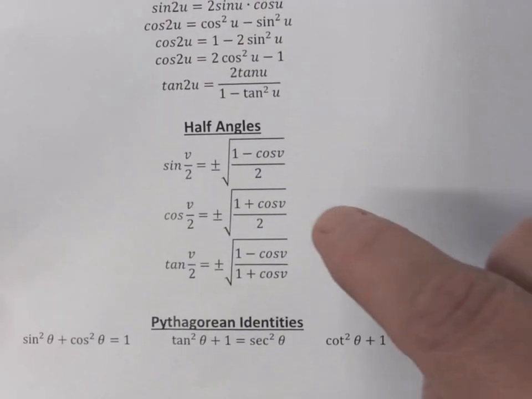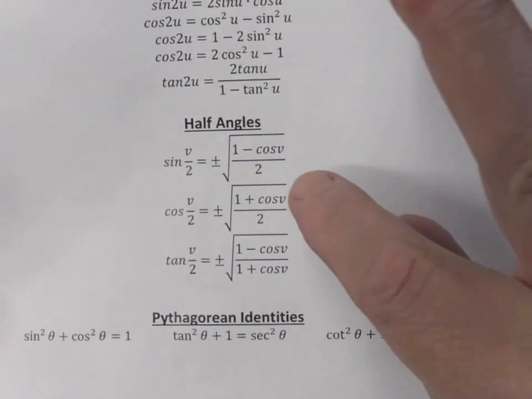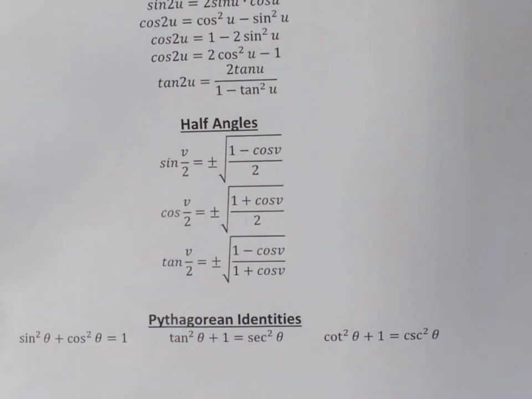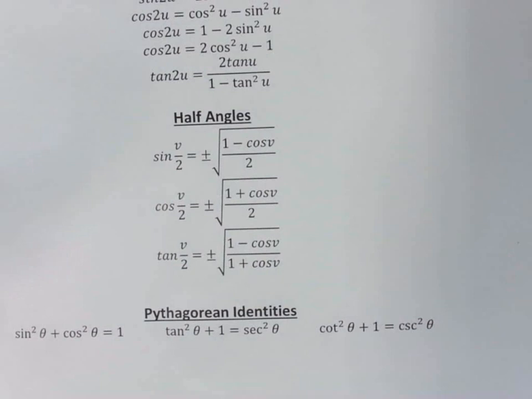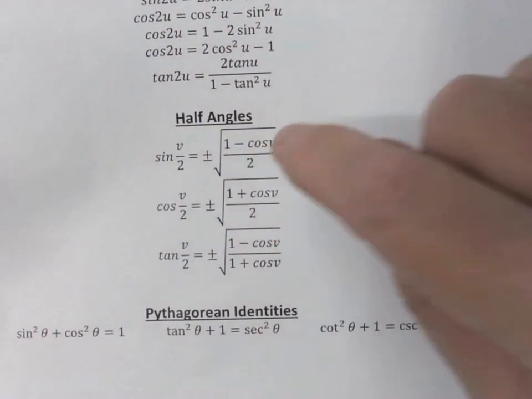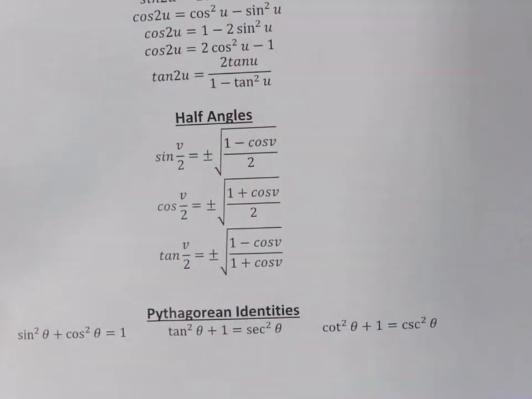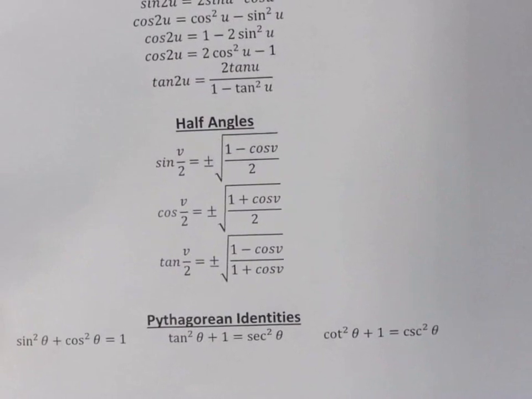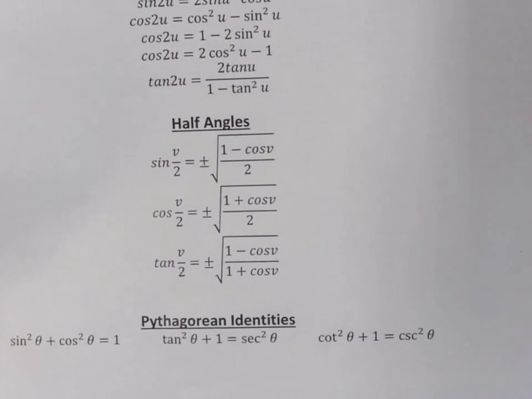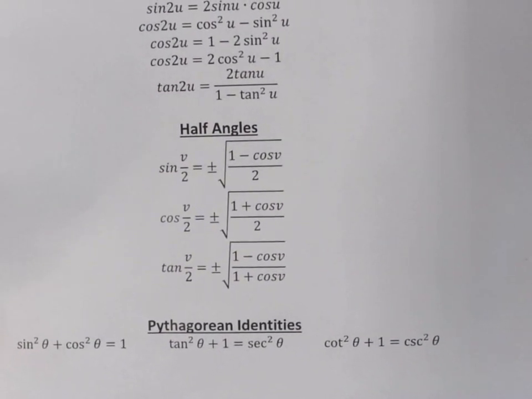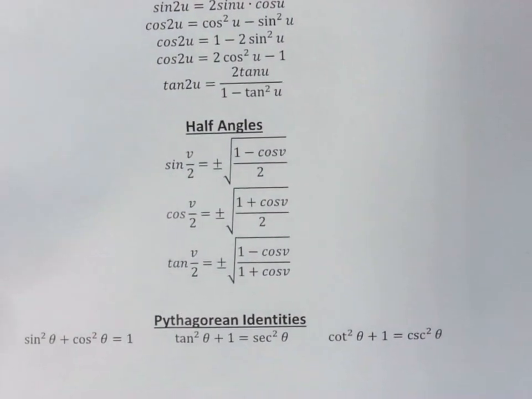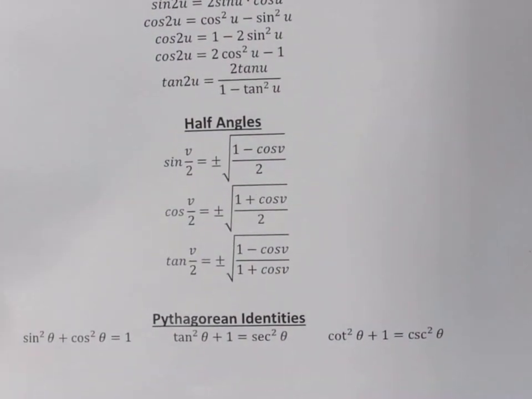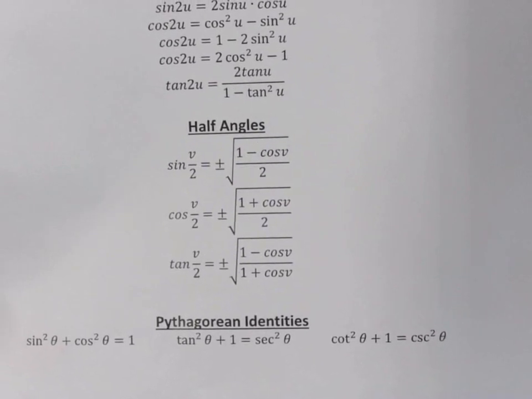It's interesting for half angle formulas. First of all, I'm warning you, these are going to be very messy problems. Because look here, all of these have a square root. Inside the square root are fractions. So the math is going to be messy. But one extra level of complexity is that for these formulas, you see in front of the square root is plus and minus.